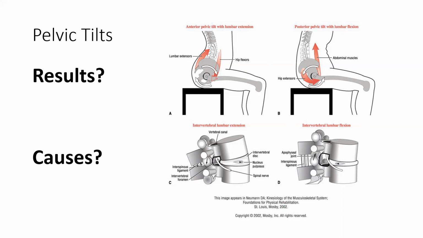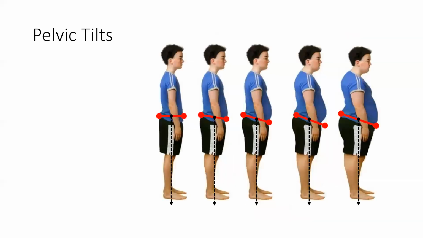So we can have some compression of the spine from that intervertebral disc from excessive loaded lumbar flexion. With lumbar extension, we see more of this compression on the posterior side. So a neutral pelvic position can be critical to keeping the lumbar spine healthy and avoiding some of that pain.